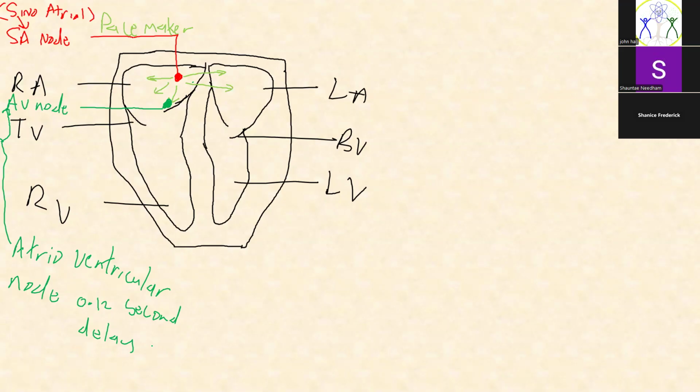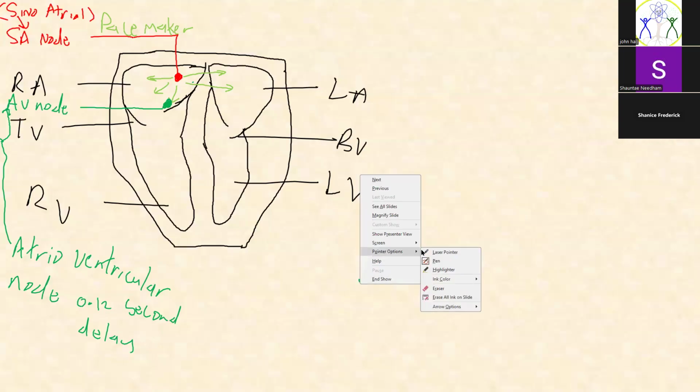At the same time, the AV node is also receiving a signal. But once it gets the signal, it holds off for 0.12 seconds before it does anything. So it gets the signal, holds on. After that 0.12 seconds, it is going to send its own signal.